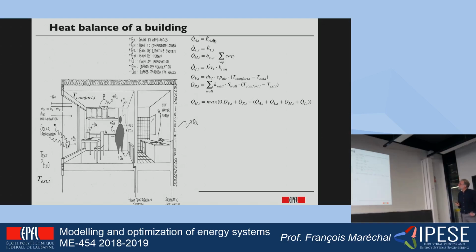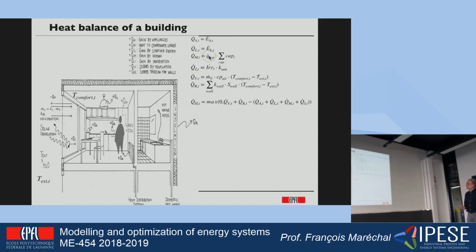The amount of heat that is released by the people requires a profile of the presence of the people as a function of time, that I can then multiply by the mean heat that is delivered by our body. And for this, typically those values are coming from norms.